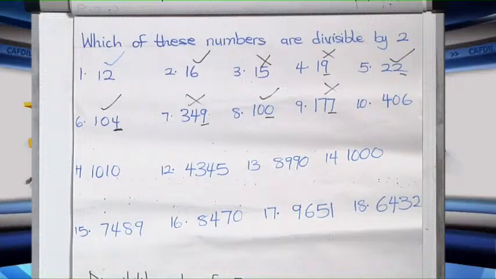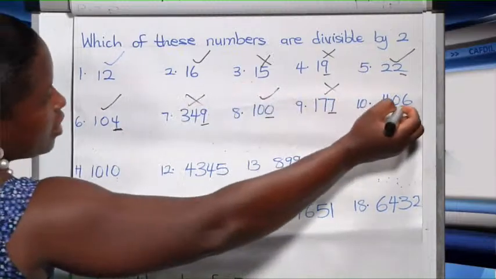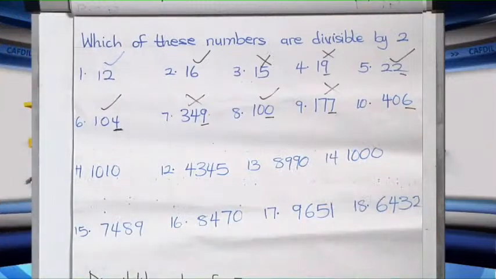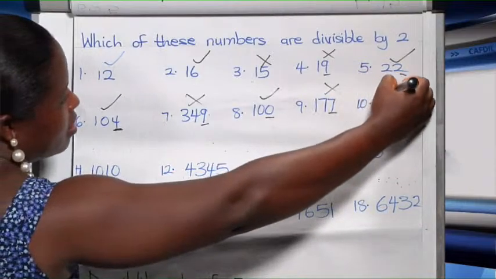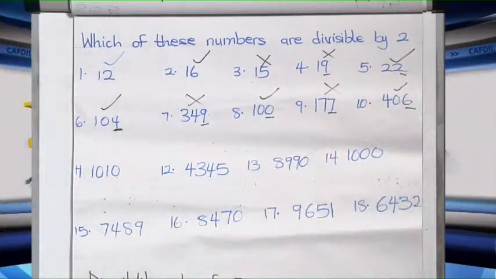406. Let's check the last digit. It is 6. 6 is an even number. So 406 can be divided by 2 without any remainder. Number 11, 1010.